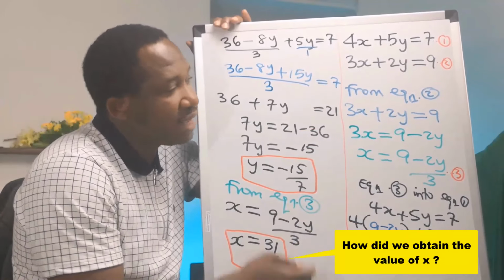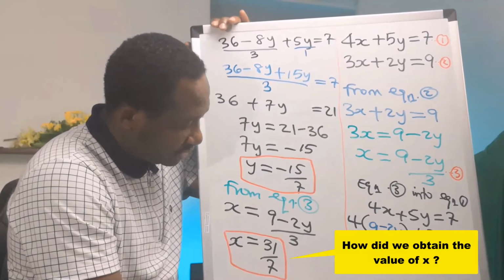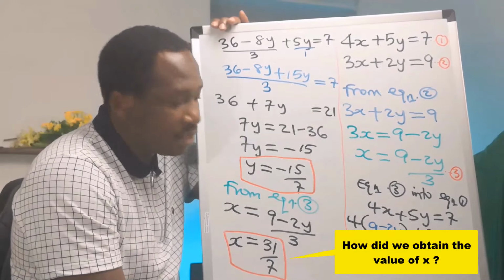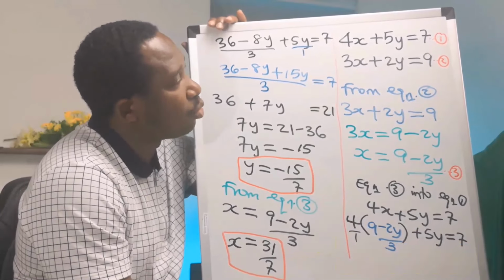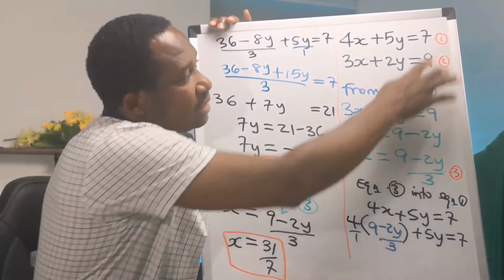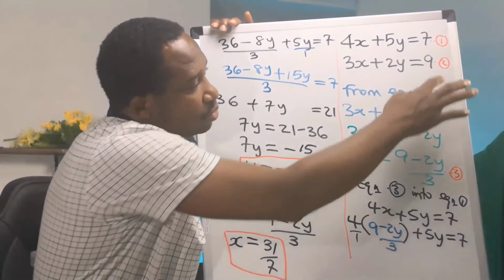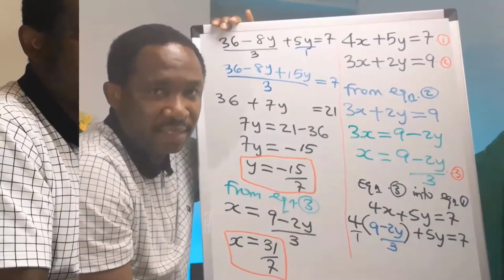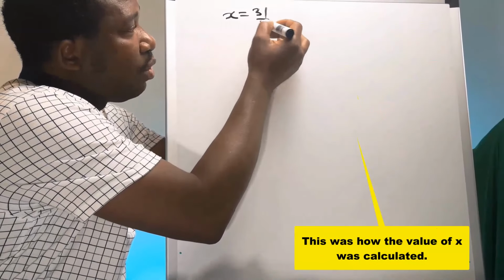Next, we're going to test for accuracy by substituting x equals 31 over 7 and y equals minus 15 over 7 into equation 1 and equation 2. If you solve correctly, you are going to get 7 for equation 1, and 9 for equation 2.